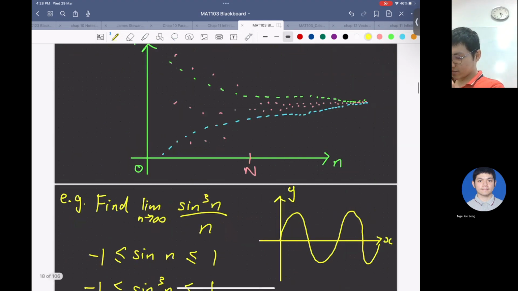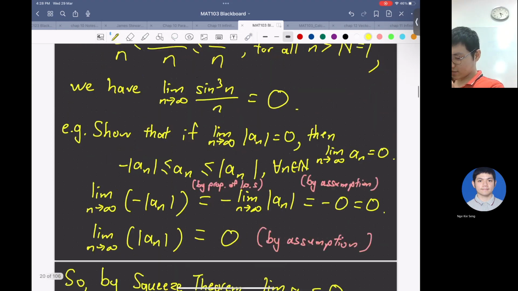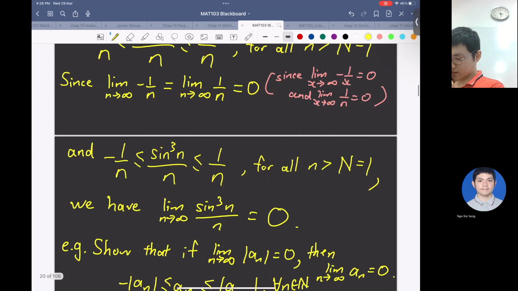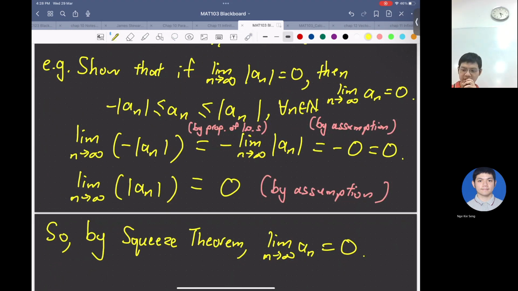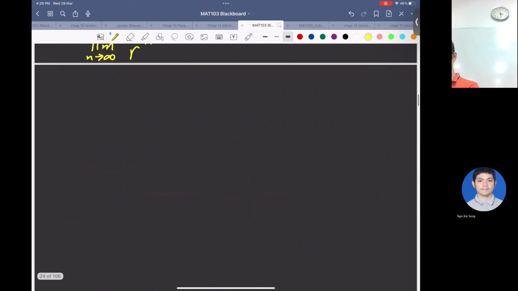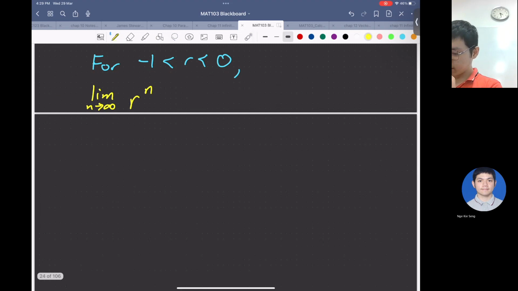Here, we showed that if the absolute value of a sequence converges to 0, then the original sequence also converges to 0. Let's call this a proposition. So how to use this? To use this, you need to establish that. Let me write it down.